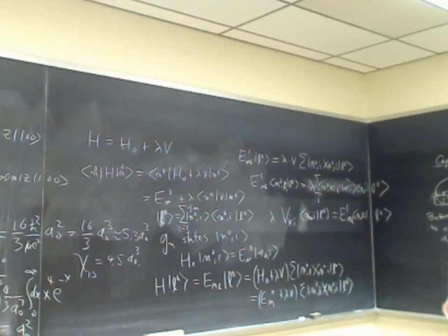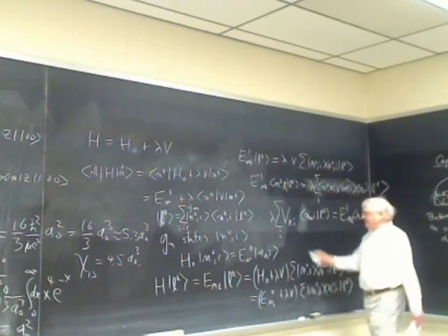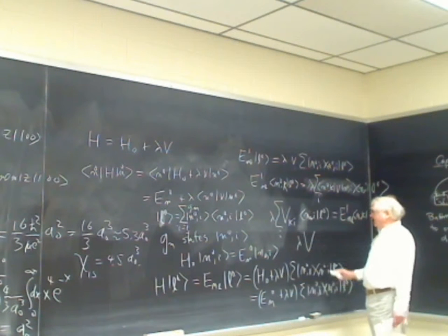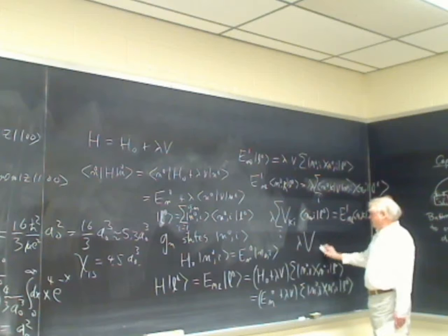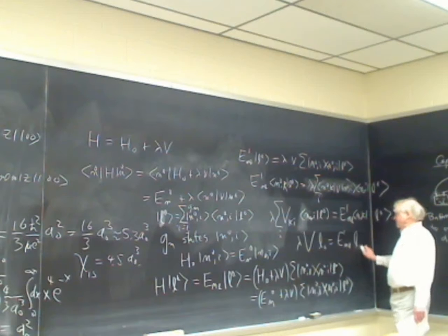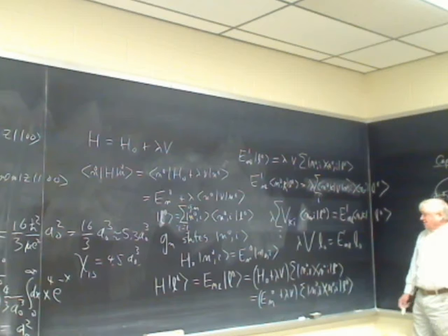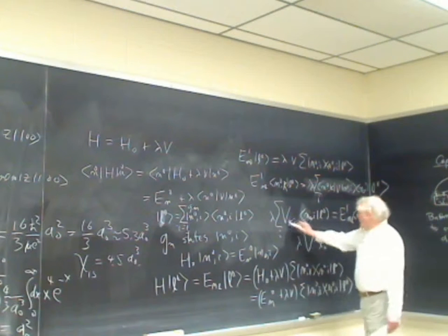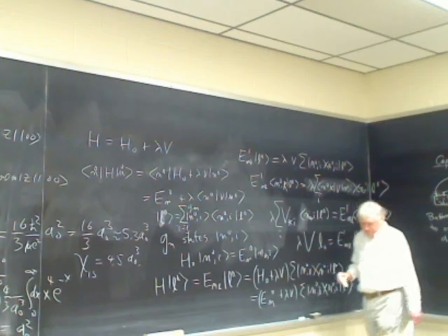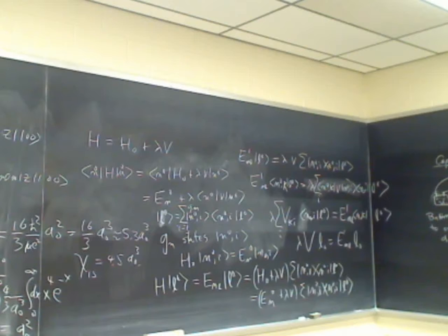So this is a matrix equation then that this is supposed to sum over I. So this is that this lambda times the square matrix V times this column vector L0, say, is equal to E1 and L times this column vector L0. This is what we worked out before. So the first thing to do then is to diagonalize the square matrix and find these separate eigenvalues. And so that's the first order degenerate perturbation theory.